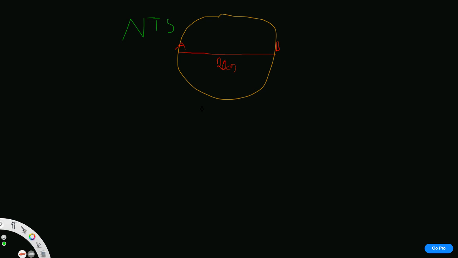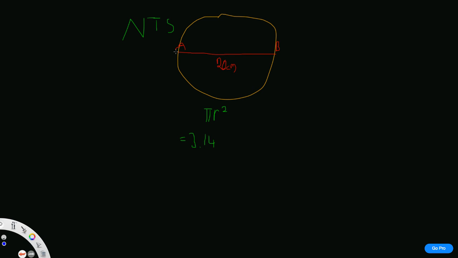So, the formula to find the area of a circle is pi r squared. Pi, like I said previously in the video, is 3.14 times the radius. However, we have a problem.